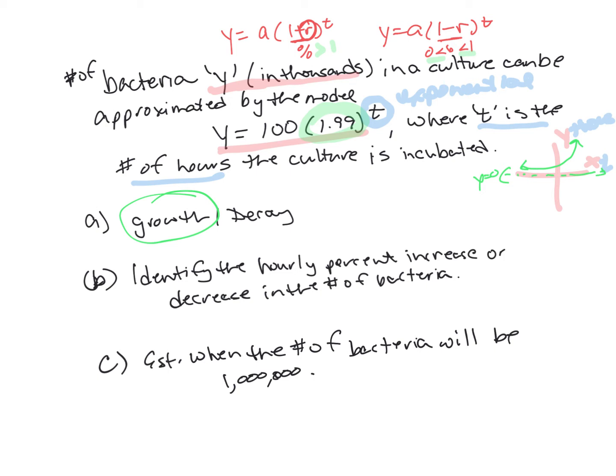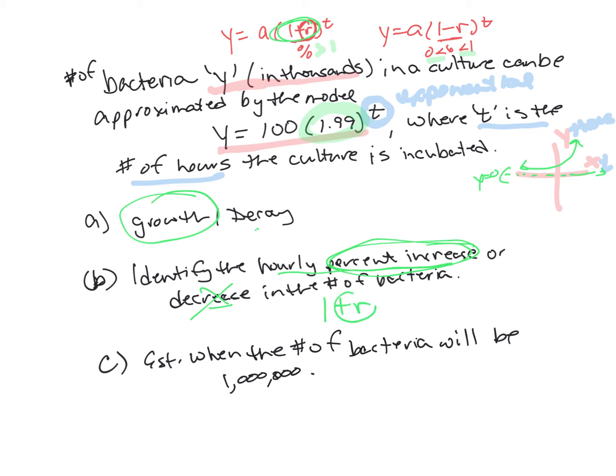Then it says identify the hourly percent increase or decrease, because they're not going to give you a hint as to whether it was a decay or a growth. Well, we know it's not a decrease because that would be a decay. So they want to know what percent it increased by. When we look at this equation, it's 100% plus the rate.